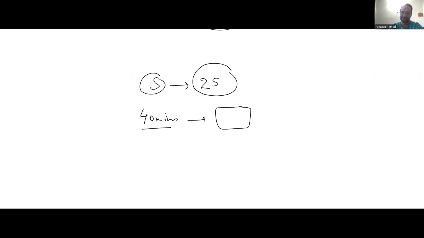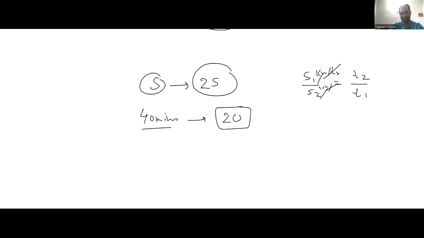What I'm simply doing is I'm doing this idea. S1 by S2 is T2 by T1. And the good thing about this is that units will not matter, because units will get cancelled out, like kilometer per hour, kilometer per hour. These are going to get cancelled out. So if it is 40, it's going to be 20.